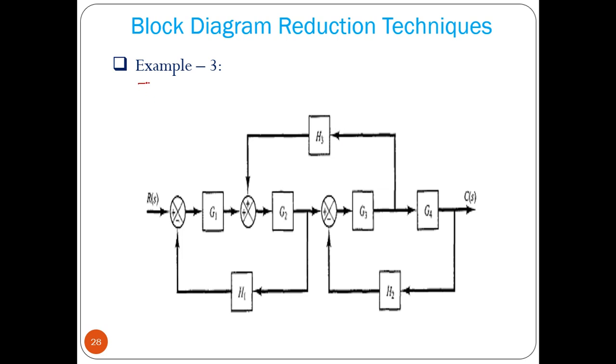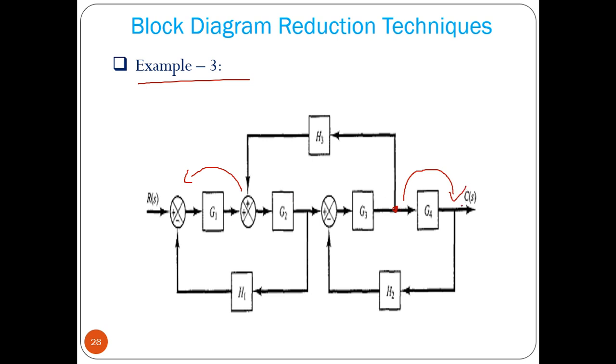Now let us solve another problem. What we can see, this is a takeoff, and there is a summing point between these two, so we can shift this. And between these two blocks we have a takeoff point, we can shift this.